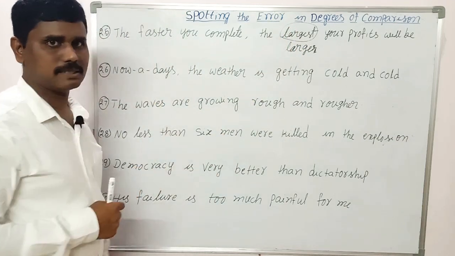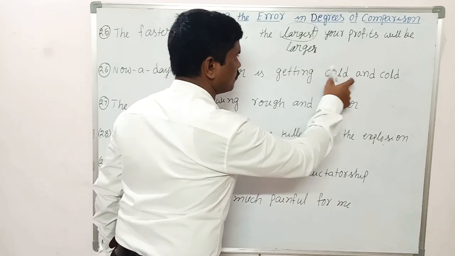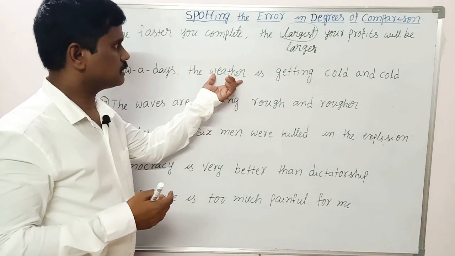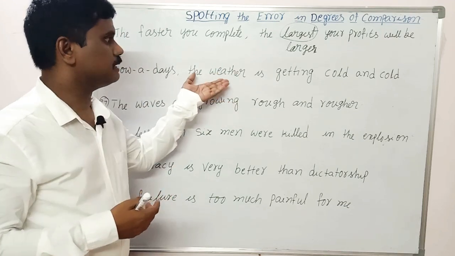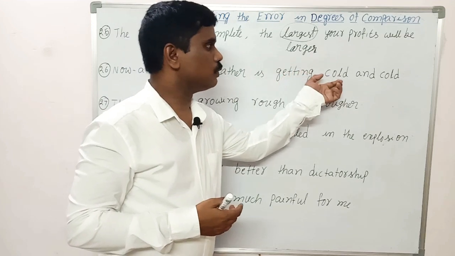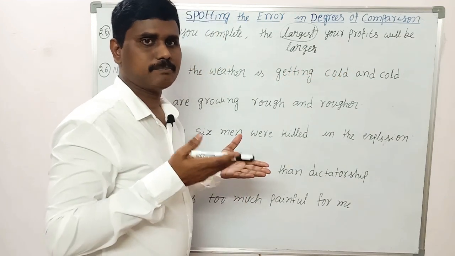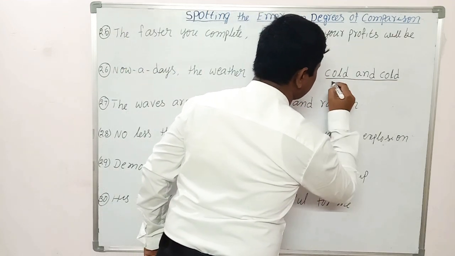Now let us see another sentence. Nowadays the weather is getting cold and cold. Here also parallel comparison. This is another type. Wrong, because when we make parallel comparison we use adjective 2 and adjective 2.